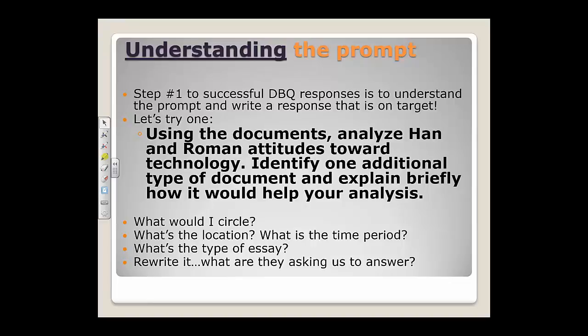All right, let's start with periodization. What's the periodization that they give you? Han and Roman. Okay? So again, it's one of those things where you have to be familiar with the different time periods of WHAP. What information could you use? What time period could you use information from? What unit?